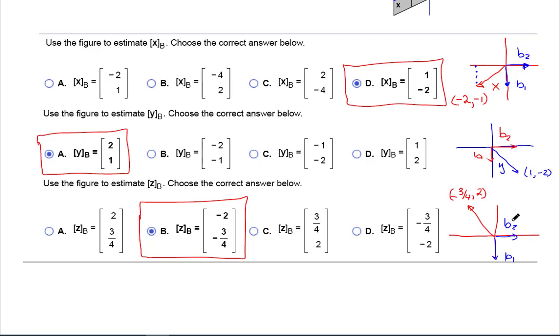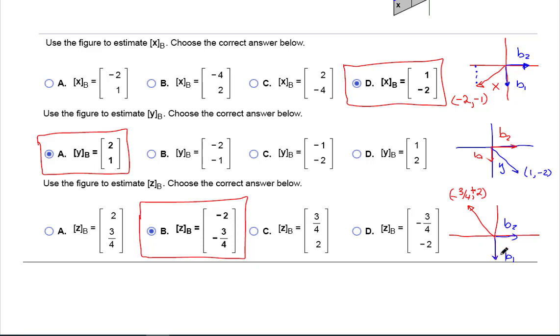All right, what about here in this one? In this one, let's see, z is pointing at -3/4 and a +2 up. And so how do I get there relative to B1?